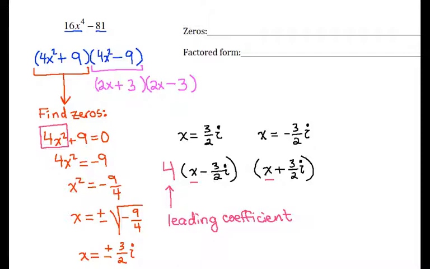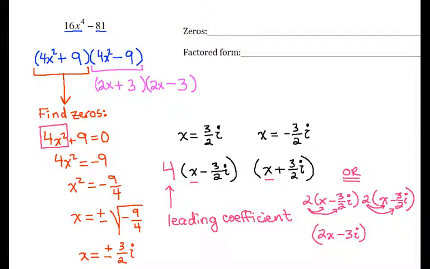So I could, if I wanted to, distribute this 4 in parts into these two factors to make them look different. So another way of writing it, I'll put down here in the corner. The cleanest way to do this is to break that 4 up into 2 times 2 and distribute one of those factors of 2 into each of the factors. So that would give me 2x minus 3i in the first factor, and 2x plus 3i in the second factor.